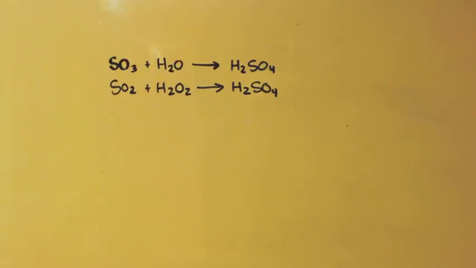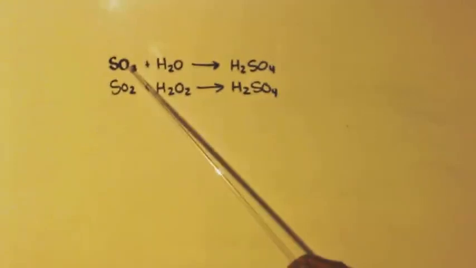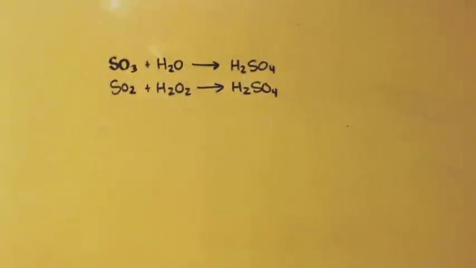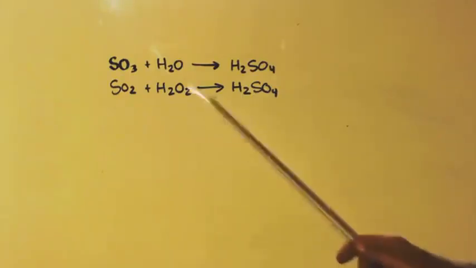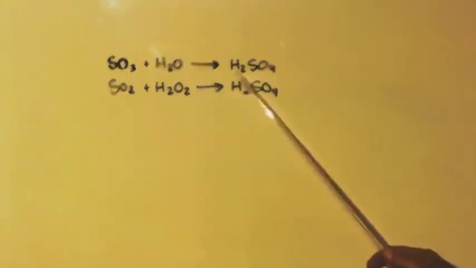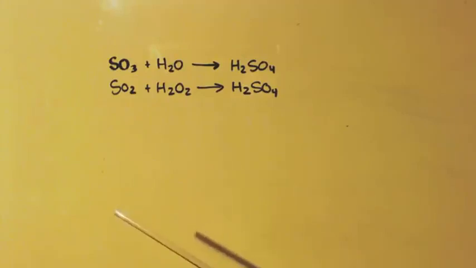But this way right here, if you try it, keep in mind that if you put sulfur trioxide into water, it's a violent exothermic type thing, and it will react and get out of control. The way they do it is you already have concentrated sulfuric acid, right?